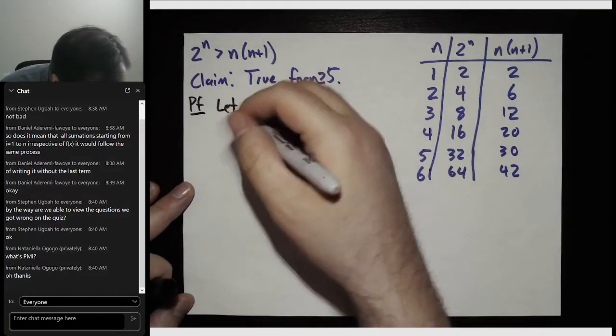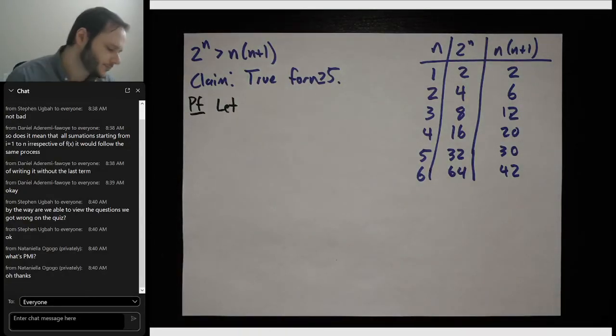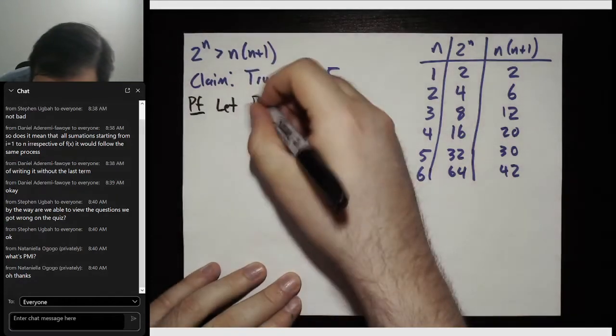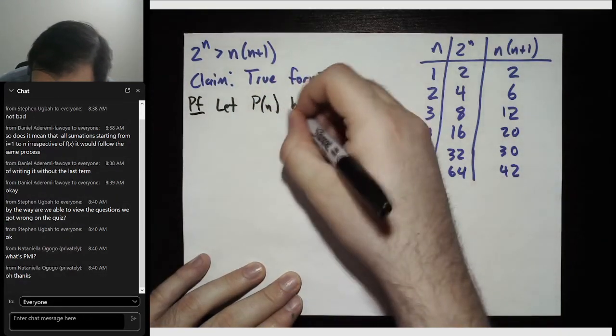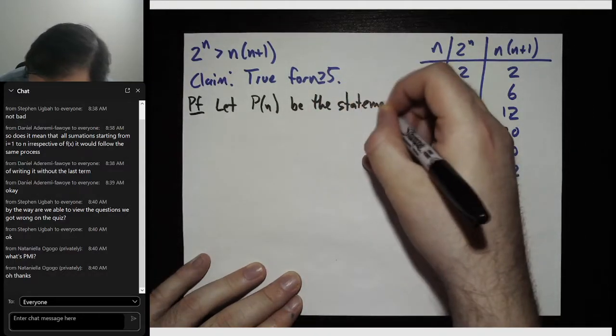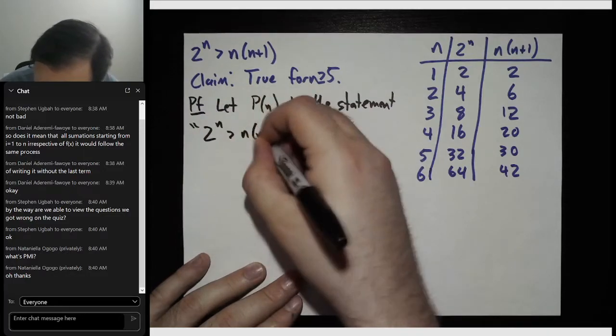Let P of n be the statement 2 to the n is bigger than n times n plus 1.